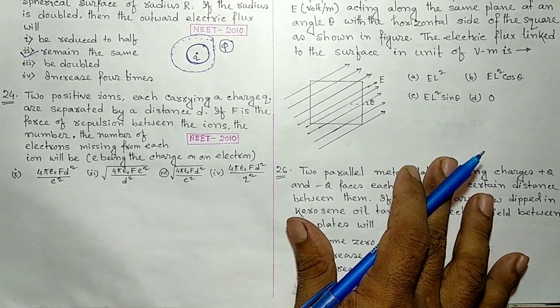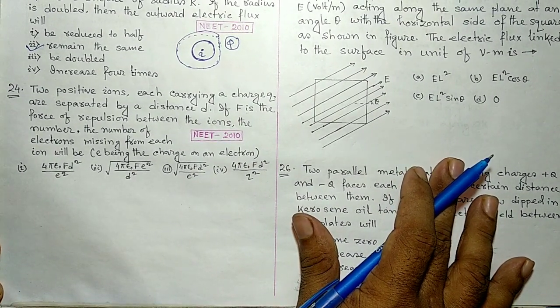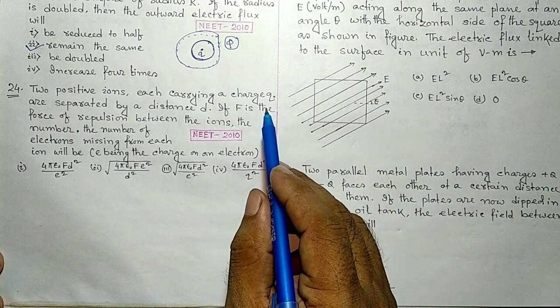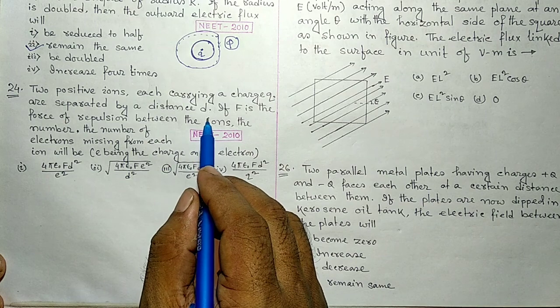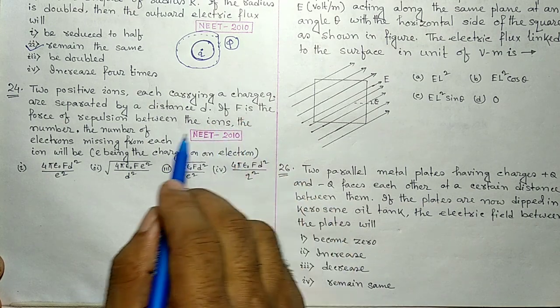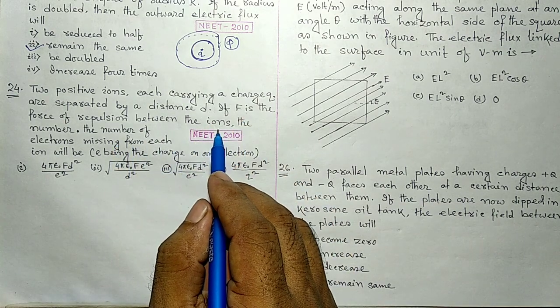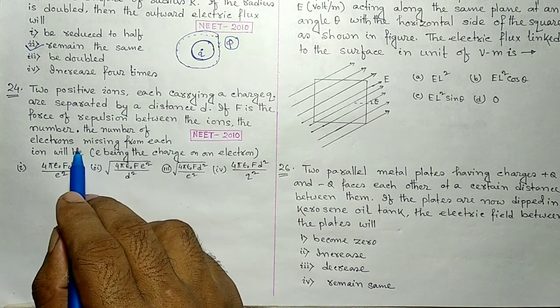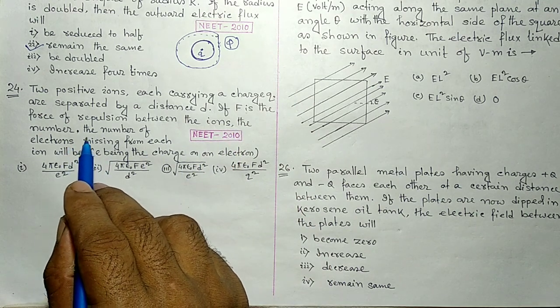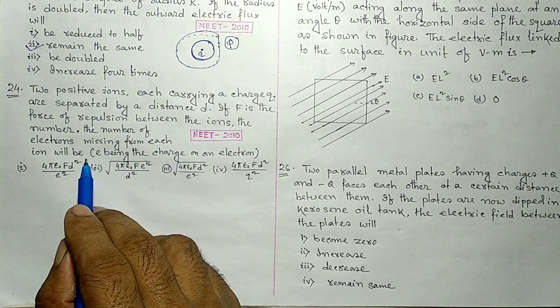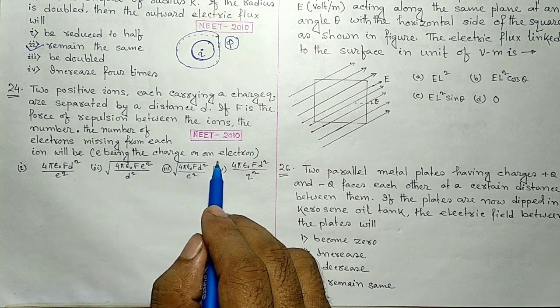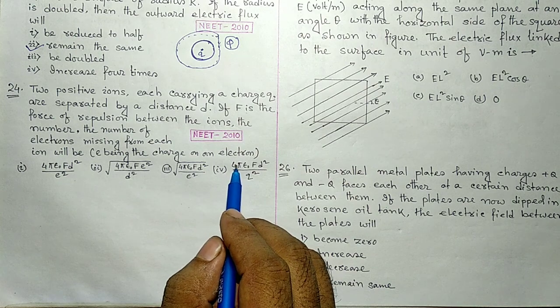Next question 24. Two positive ions each carrying a charge q are separated by a distance d. If F is the force of repulsion between the ions, the number of electrons missing from each ion will be, e being the charge on an electron.